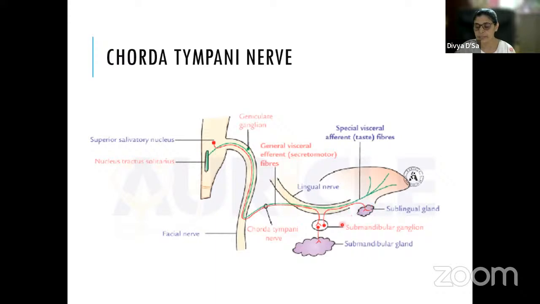These are secretory fibers for the submandibular and sublingual glands, and vasodilator fibers also supply through the submandibular ganglion. So these are the structures supplied by it, or the sensations which the chorda tympani nerve carries.